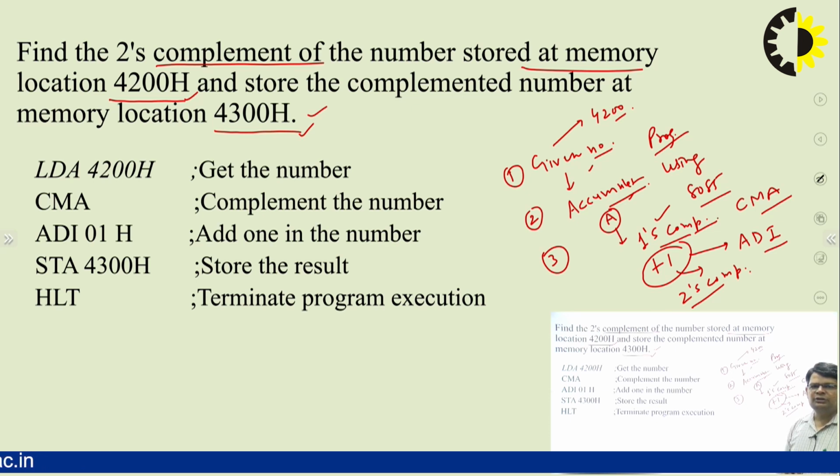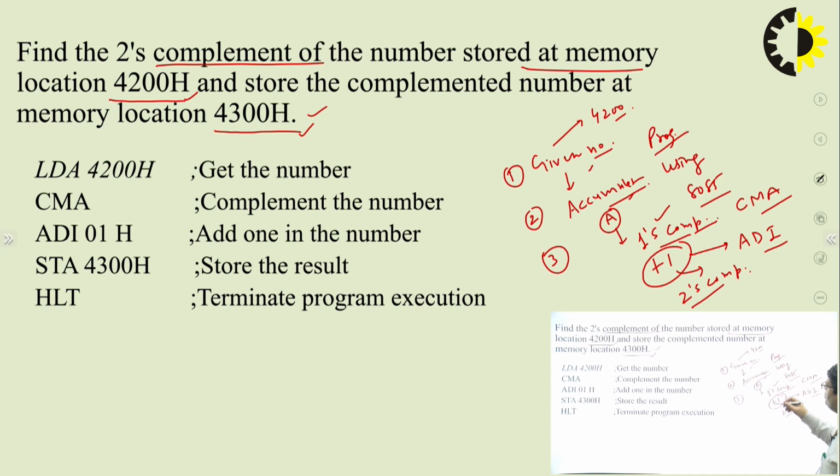As is clear from these steps, these basic steps will be used. The given number is to be loaded into the accumulator, so we will use the instruction LDA. After that we can find out the 1's complement using the complement accumulator instruction.